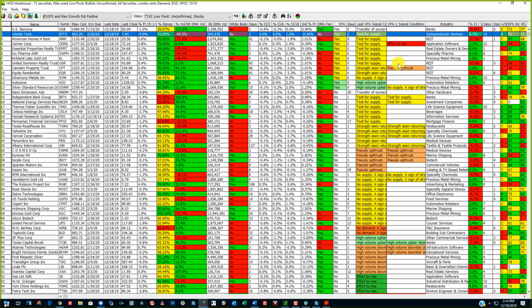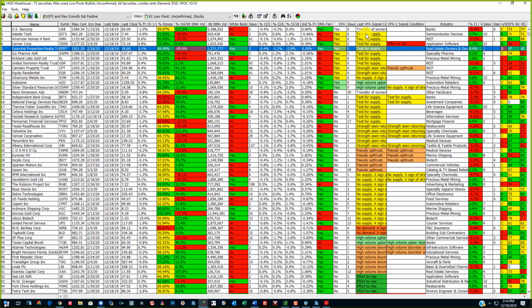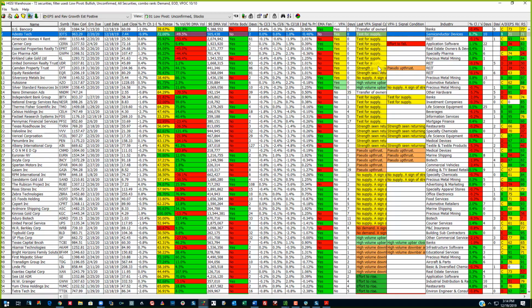So you can see that what this did, it kept all of these signals where there's a VPA flag today. This is still at the top, but what it did on the other sorts is put all of the tests for supplies together. So if you're looking for a test for supply, which means that a stock traded down and then closed up near its high, it's all right here for you.